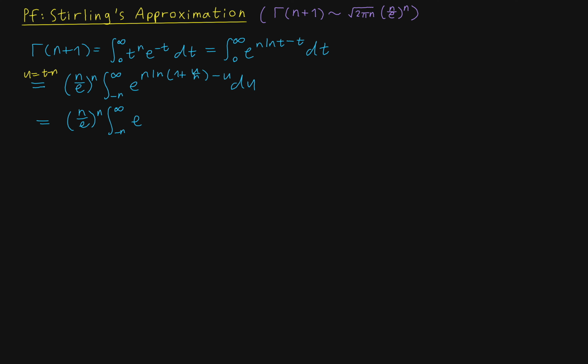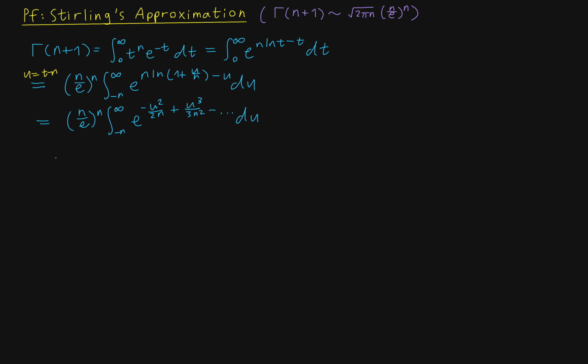So that just becomes u, and then we subtract u here. So the first term is just going to cancel out. So all we care about are the terms afterwards. That's going to be minus u squared over 2n plus u cubed over 3n squared and so on, du.